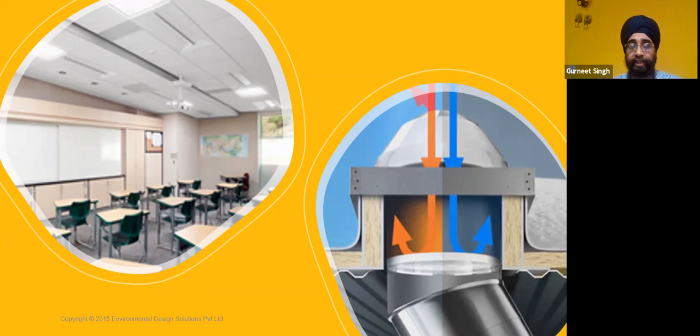Solar tubes are basically channels which take sunlight at the top and transport it through a narrow opening to the space that you want. So these pipes are very reflective from the inside. Once sunlight enters into this, it gets reflected and transported to the space where you want. Right. So this is one advanced technology.